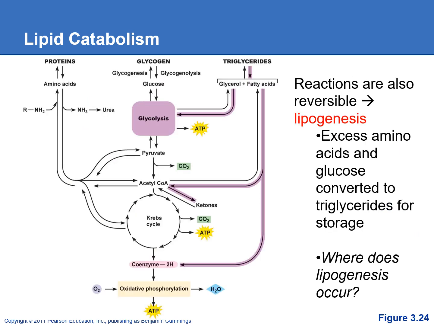Okay, we can also do lipogenesis, and if you look at that word, genesis, remember, means to produce or form, so we can make lipids. So you can actually get fat from eating a low-fat diet if you eat too many proteins or too many carbs. Okay, so how this works is if you eat too many proteins, you can certainly work your way over and make fats from the amino acids.